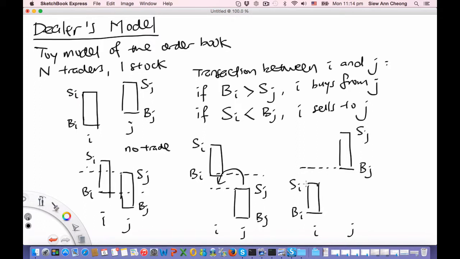If the bid price of J is higher than the ask price of I, then there will be a transaction. 1 unit of stock will go from I to J.